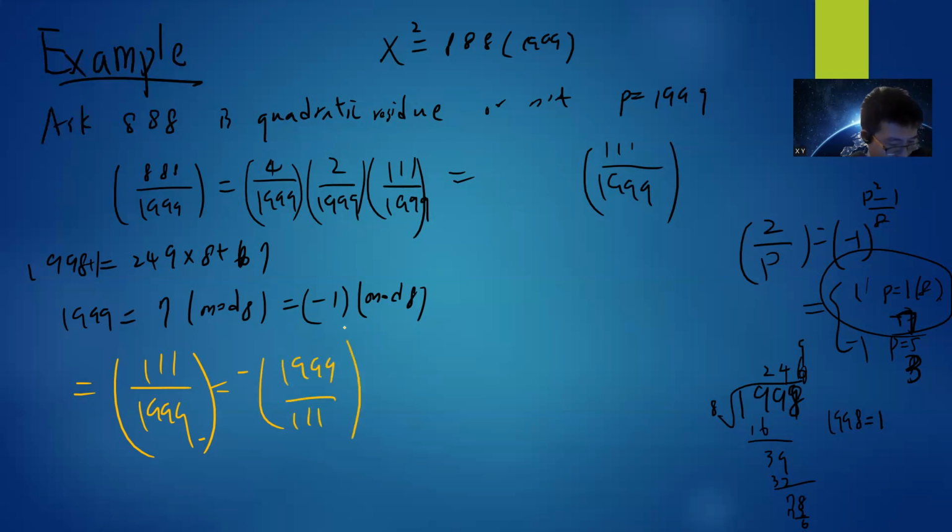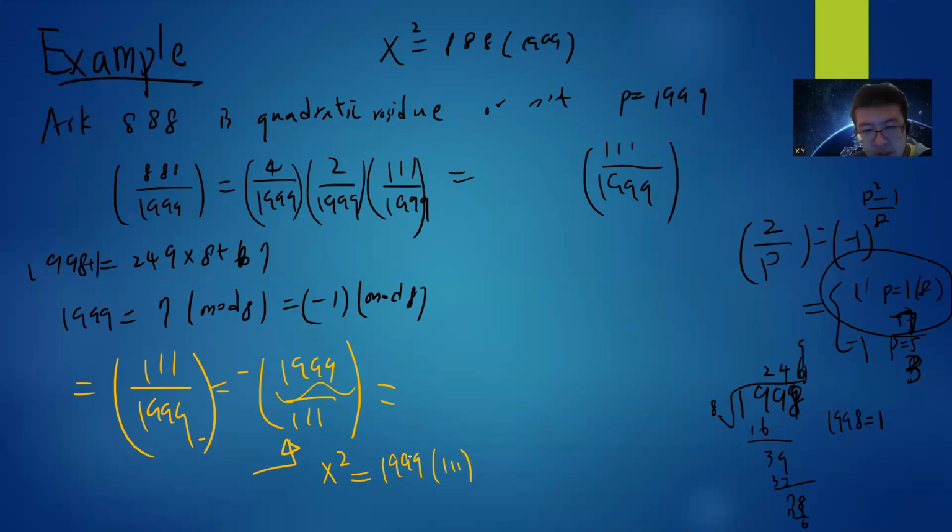Okay, and this guy is prime, right? So what we can do is use the quadratic residue symbol. Now you can calculate this. Basically this asks whether x squared equals 1999 mod 111 has a solution or not.